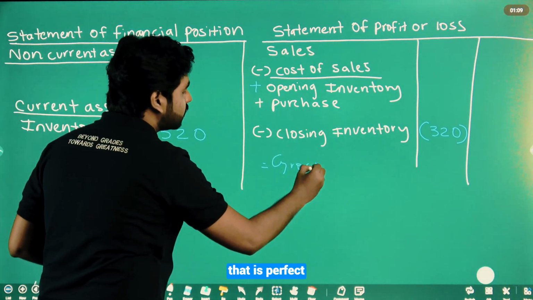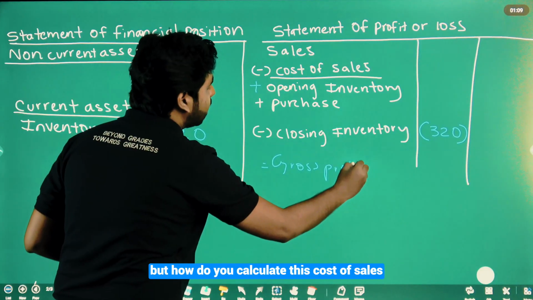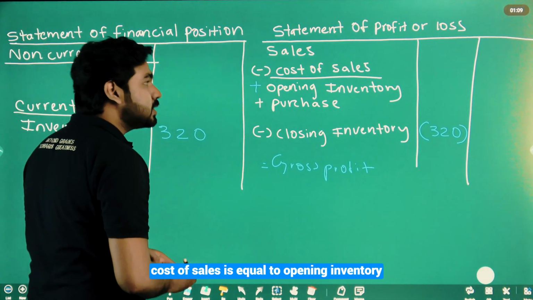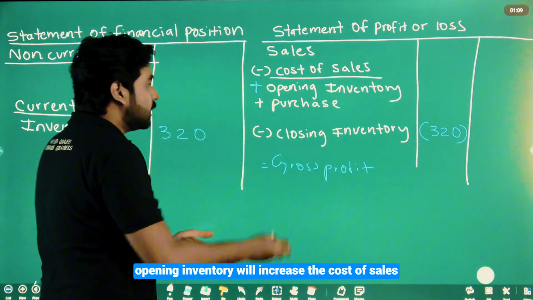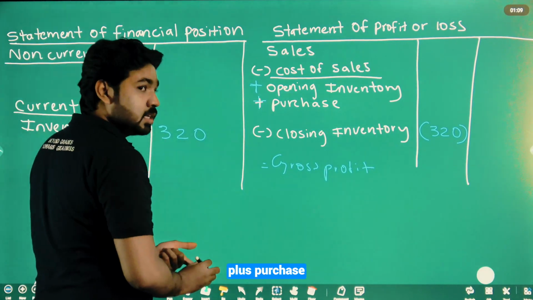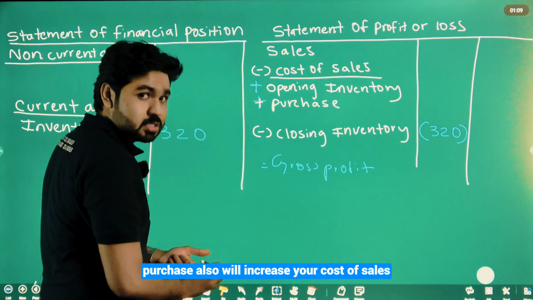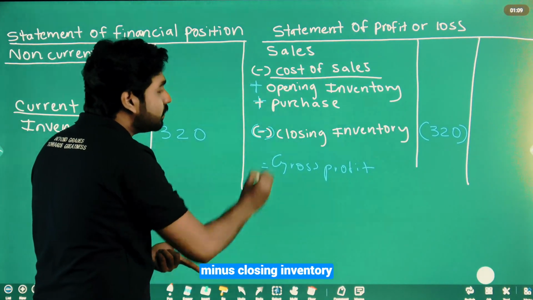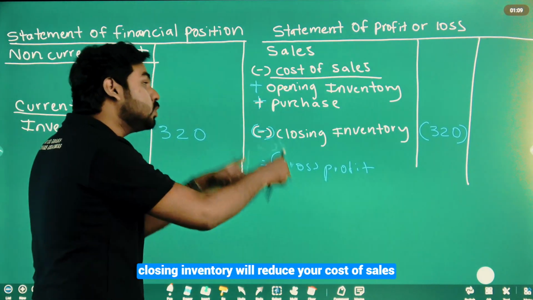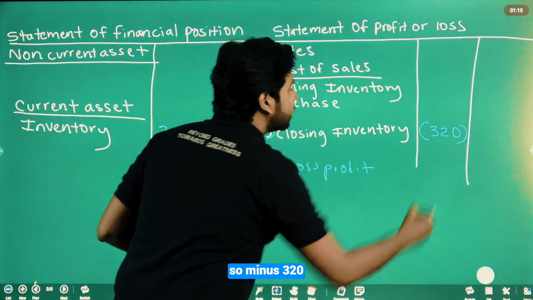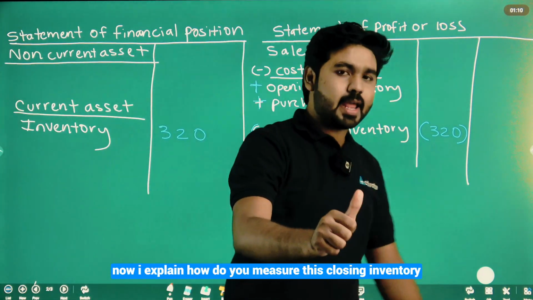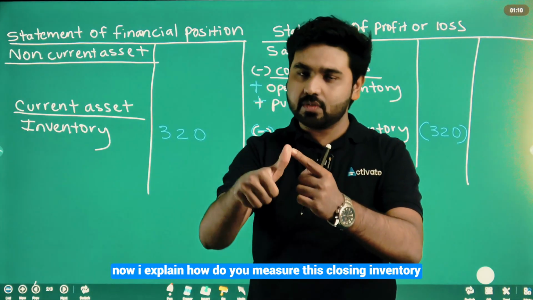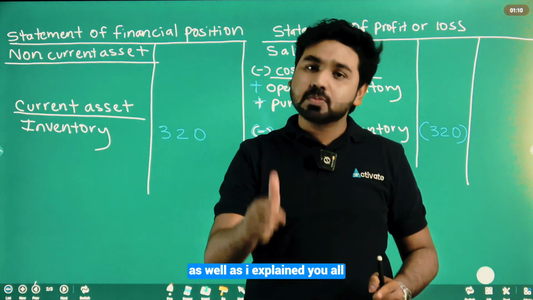But how do you calculate this cost of sales? Cost of sales is equal to opening inventory, which will increase the cost of sales, plus purchases, which also will increase your cost of sales, minus closing inventory. Closing inventory will reduce your cost of sales. It's minus 320.